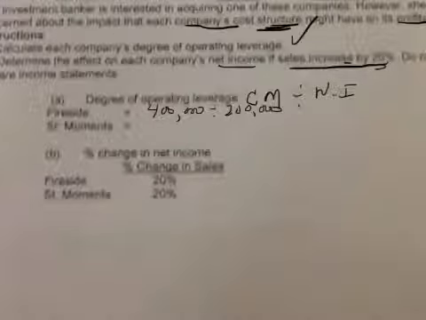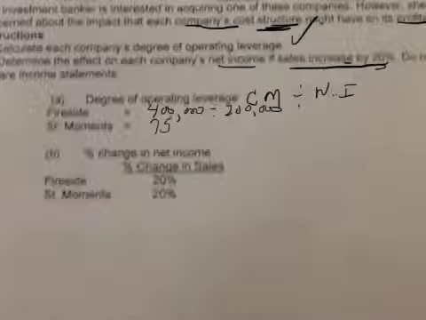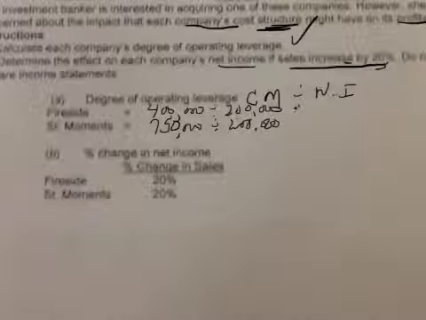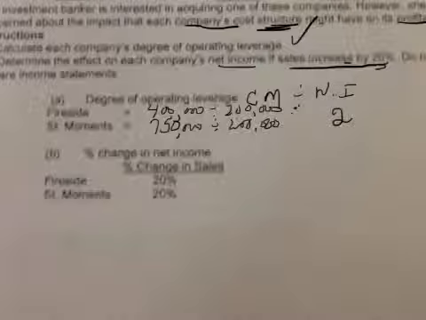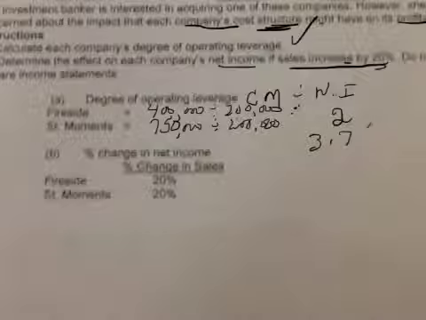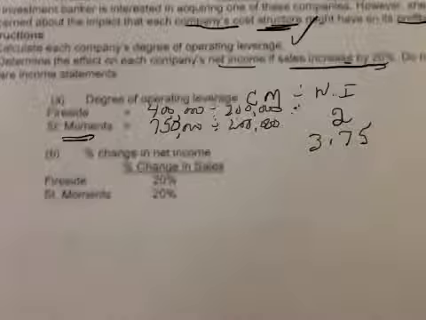And for Sterling Moments, the contribution margin was $750,000 divided by the net income of $200,000. Sorry, folks. And so we have a degree of leverage of 2 for Fireside and 3.75 for Sterling Moments.